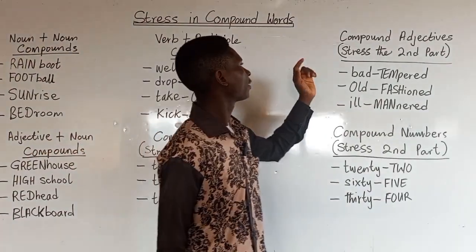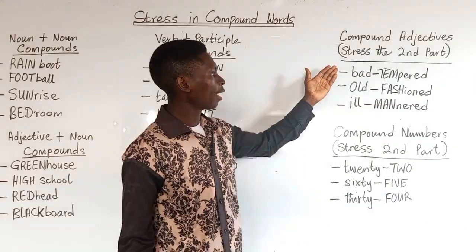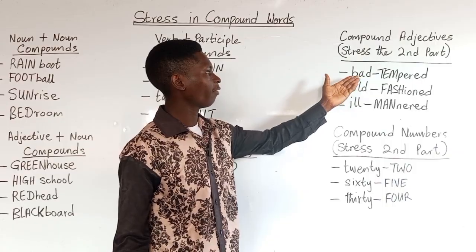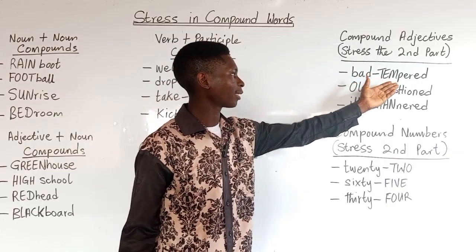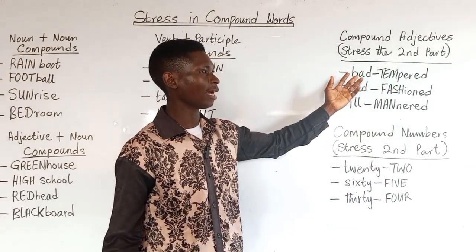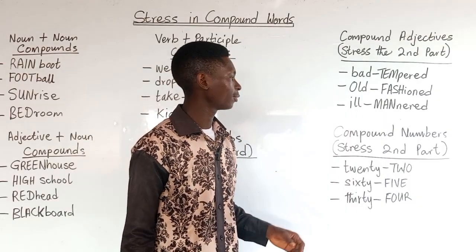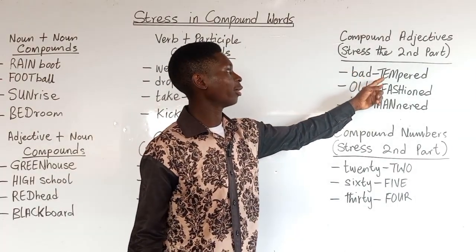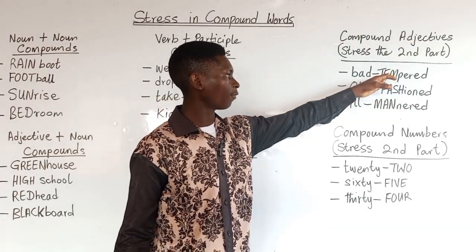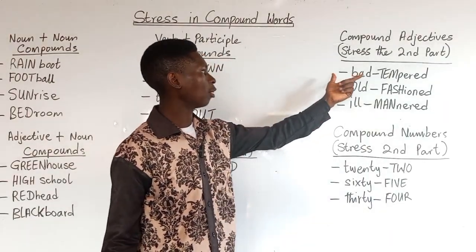Moreover, we have compound adjectives. This particular combination forms adjectives. We have bad and tempered combined. Tempered is an adjective, bad is an adjective. When they are combined, they form one adjective, bad tempered. So, the stress is on tem, which is the first syllable of the second word in that compound word.